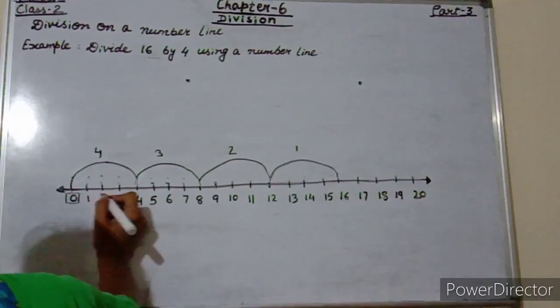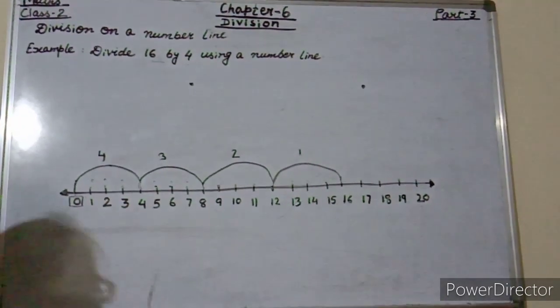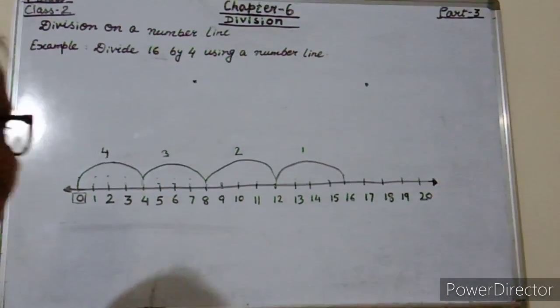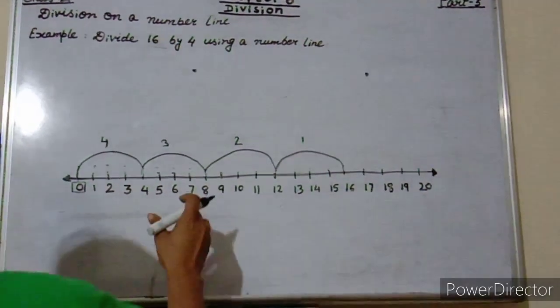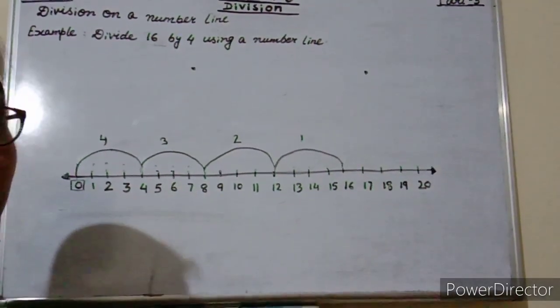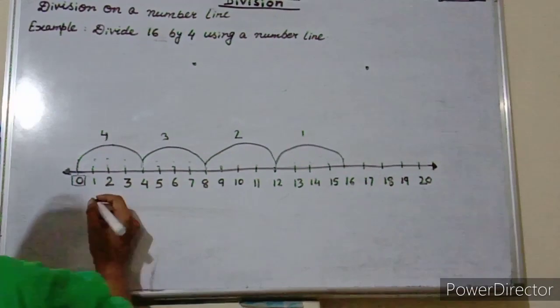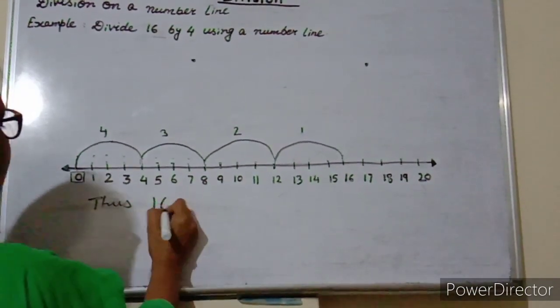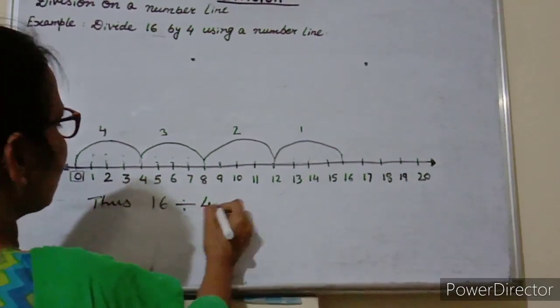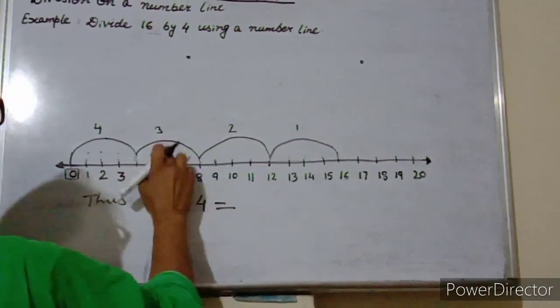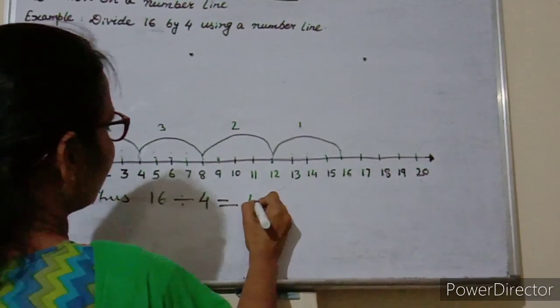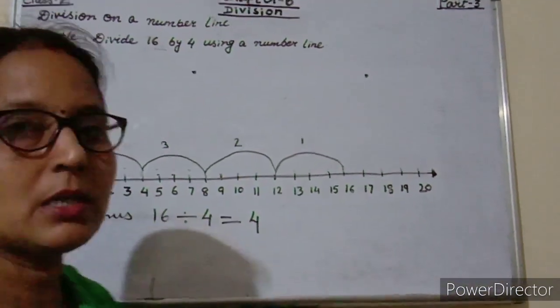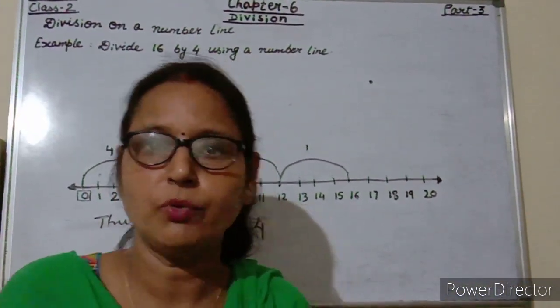Yes, so we have made 4 jumps. So you can write here, thus 16 divided by 4 is equal to 4.